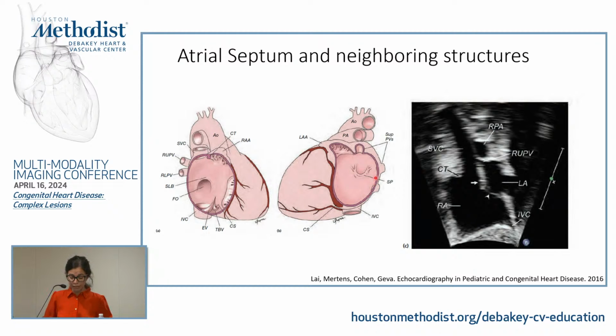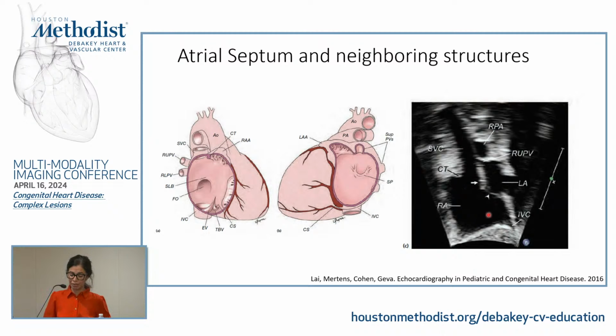Okay, and this is the interatrial septum. This is the left atrial view, yeah. And you can see the appendage here, yes, and the septum primum. Remember that we were looking at it, and there is an overlap between these two arcades.